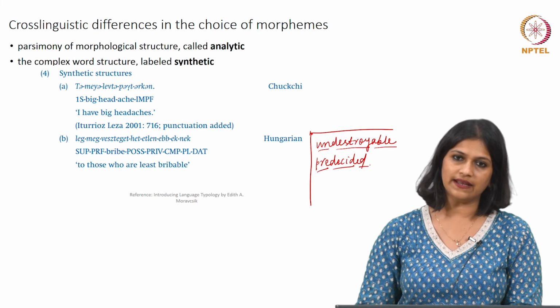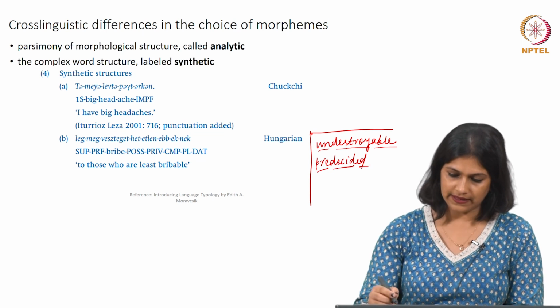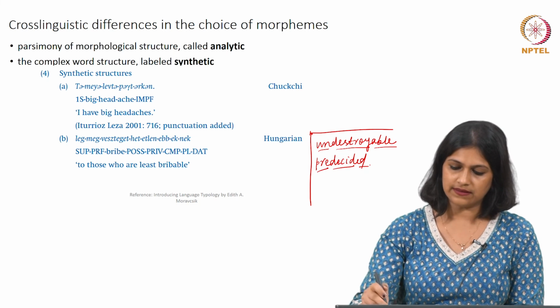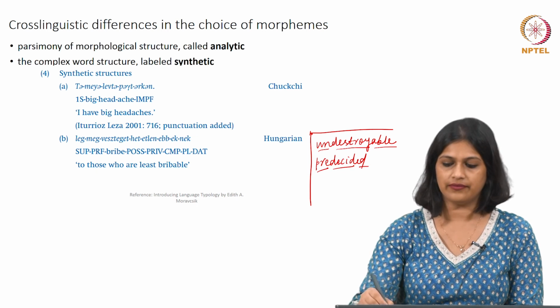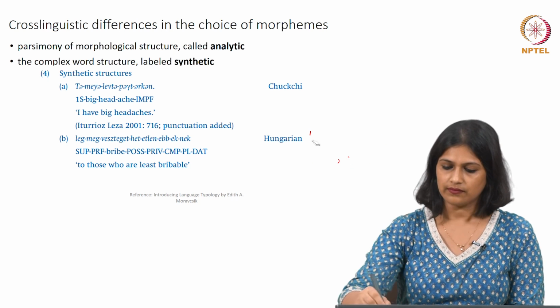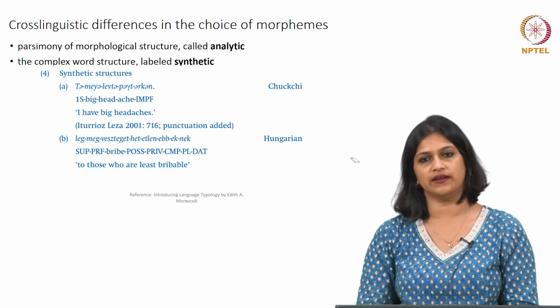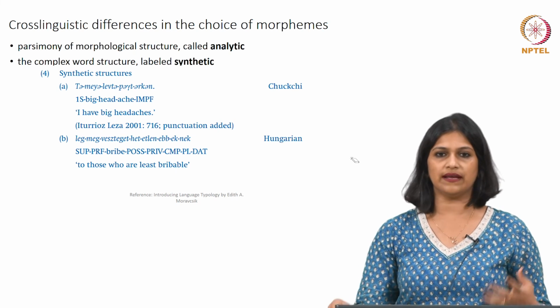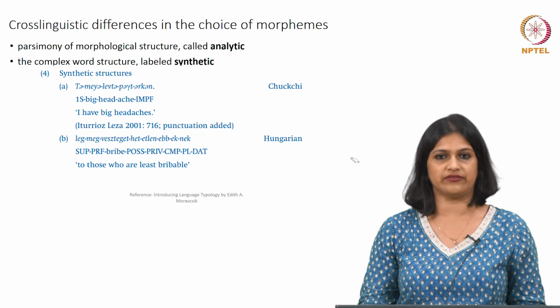Generally, English is put under the category of analytic languages, but that does not mean that it would never have synthetic morphemes, not really. So, we will consider analyticity and syntheticity as a spectrum.